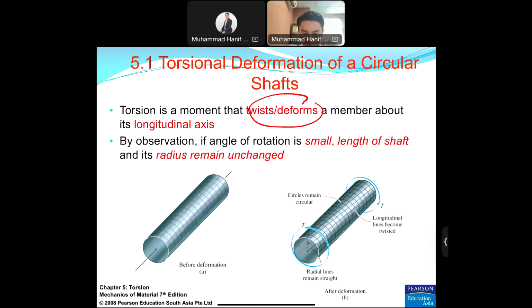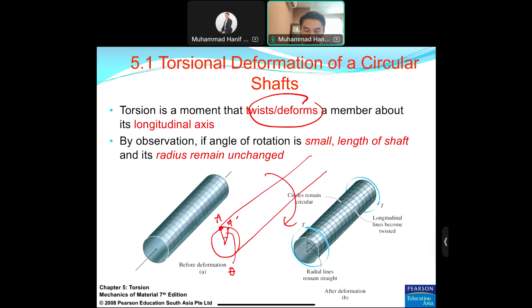By observation, if the angle of rotation is small, the length of the shaft and its radius remain unchanged. So if let's say, okay, I draw it here. Let's say you have a torsion like this, you have point A and point A prime, for example, and you can get the angle of twist in the middle here, theta, I put it theta here.